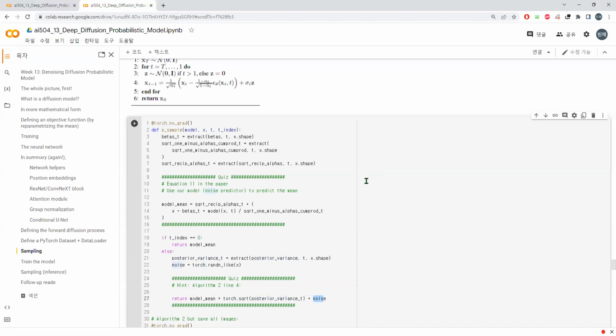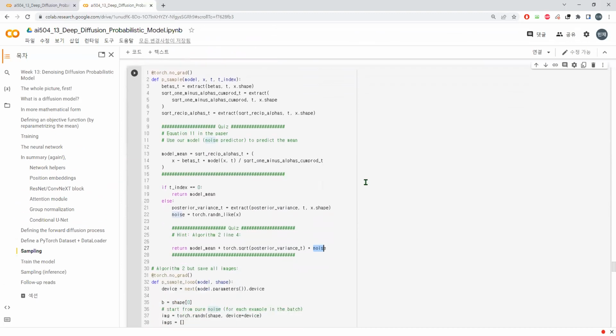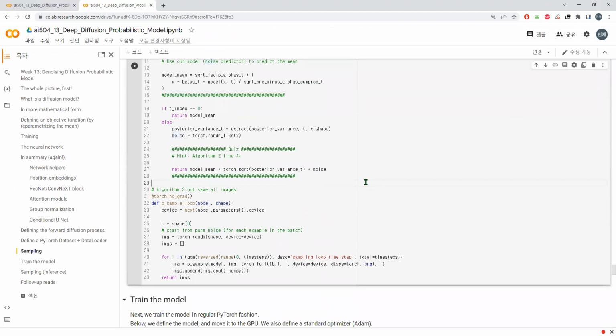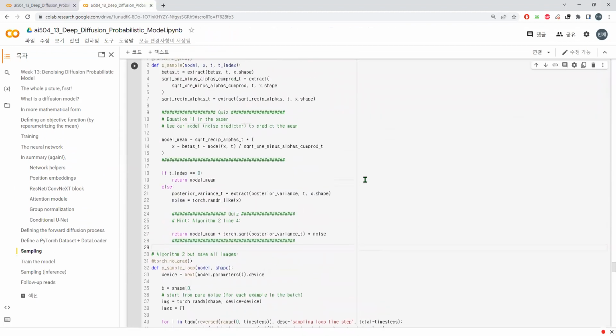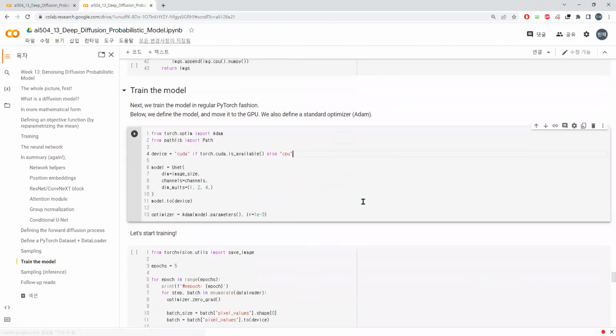Okay, and if you fill in the blanks properly, then just run it and train the model.